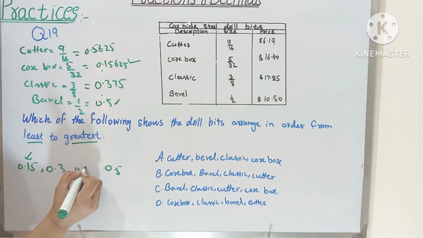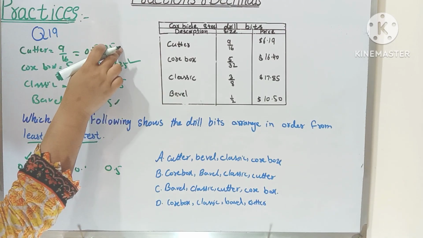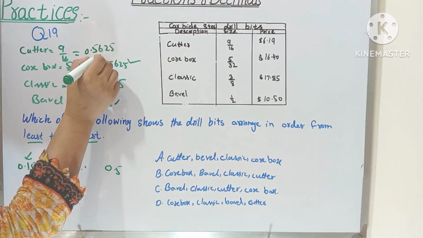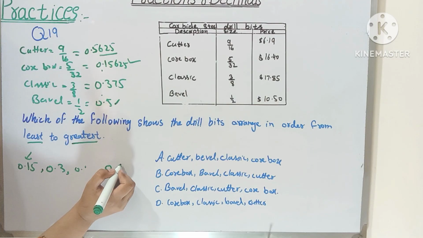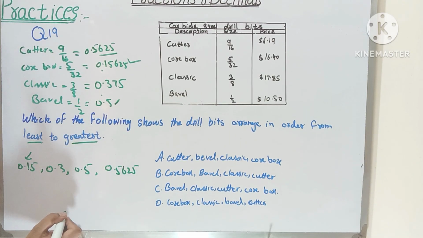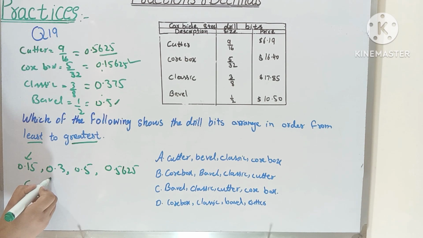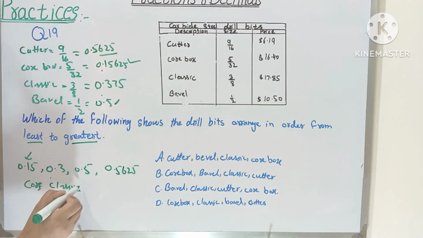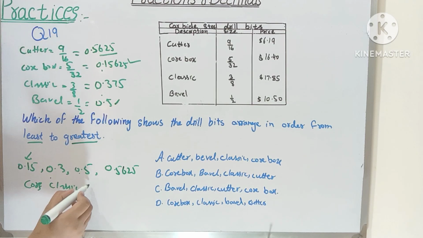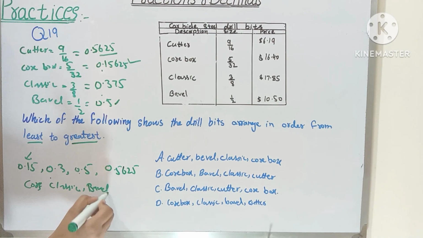0.5. This is also 0.5. Then 0.5625 is greater than 0.5. So 0.5625 and 0.5. So 0.15 is core box, 0.3 classic, 0.5 bevel, 0.5 cutter.